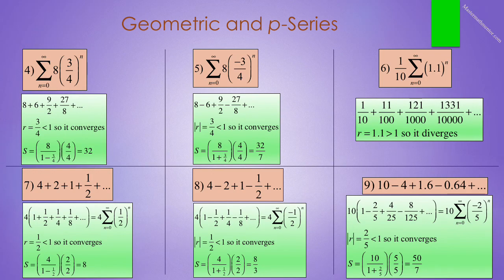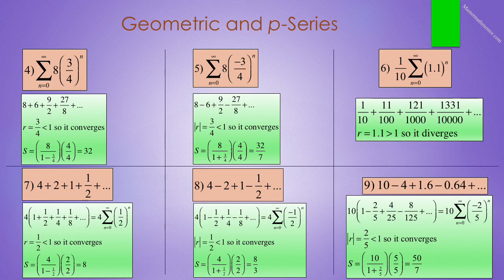In number 9, we have 10 minus 4 plus 1.6 minus 0.64. Again, we factor out the 10 and we get 1 minus 2/5 plus 4/25 minus 8 over 125 plus dot dot dot. And we realize that this is a geometric series, 10 summation n equals 0 to infinity of negative 2/5 to the n.